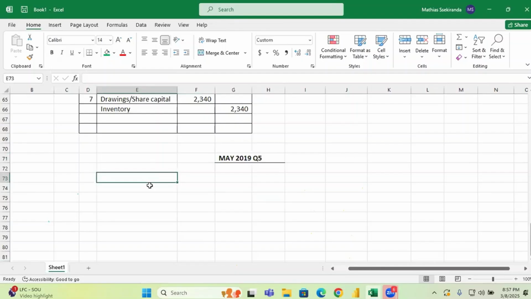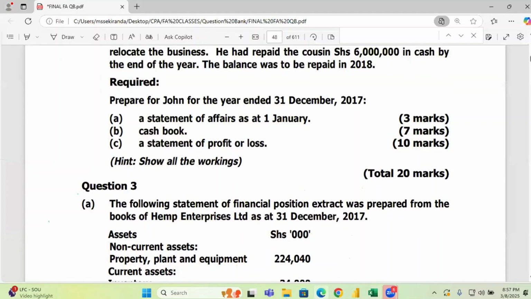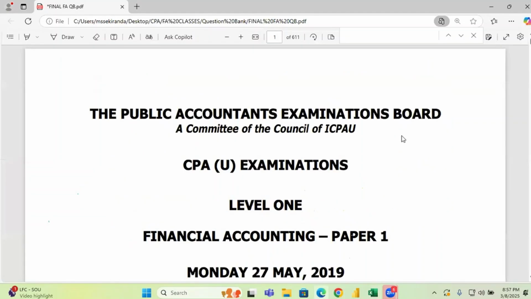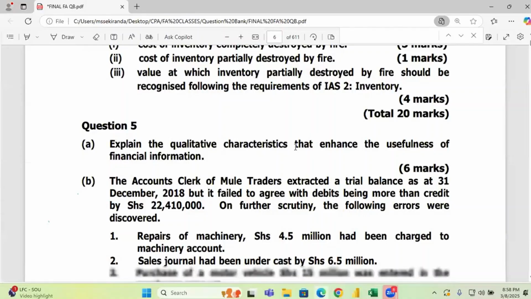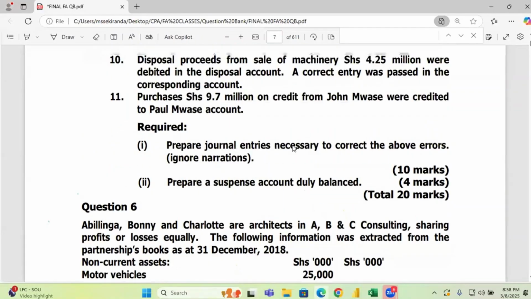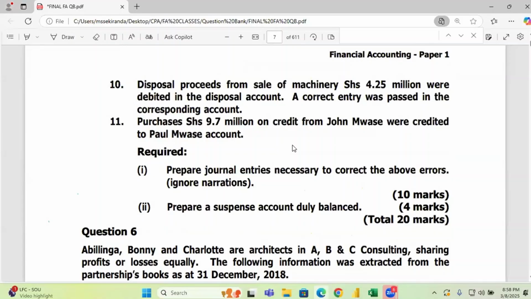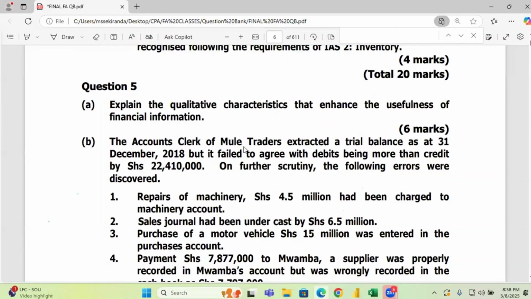Because part of my time was consumed by changes in equity, which I thought is equally important to emphasize. So May 2019, question 5. The number is also about correction of errors. Part A is asking us to explain the qualitative characteristics that enhance the usefulness of financial information. I think we covered this.